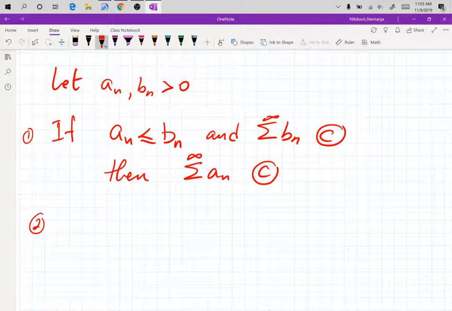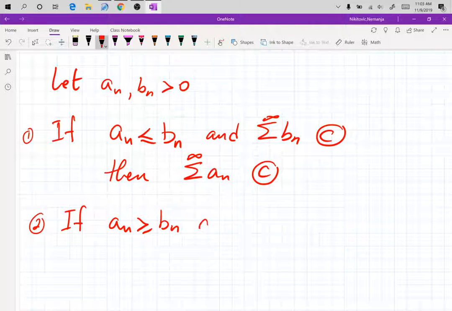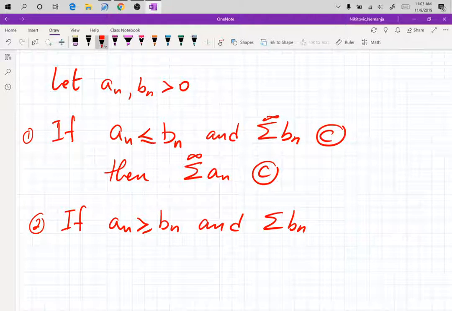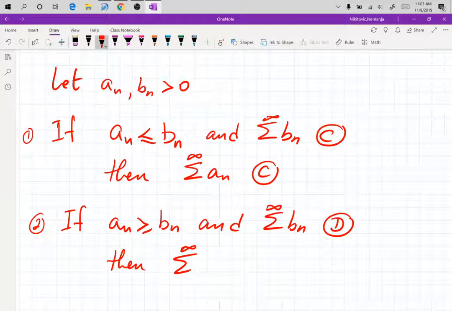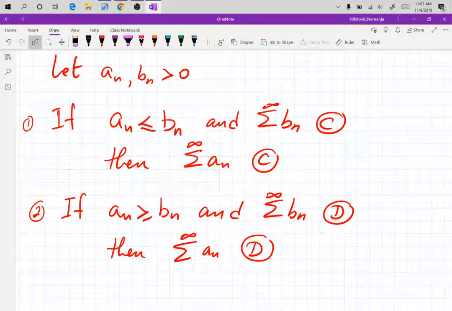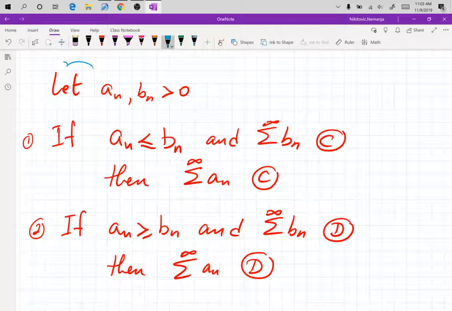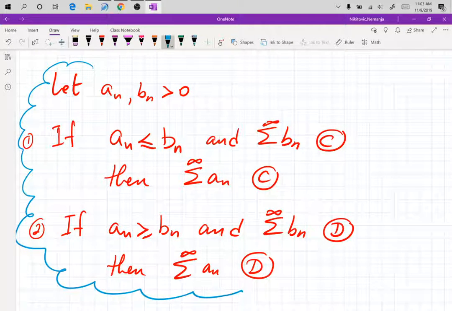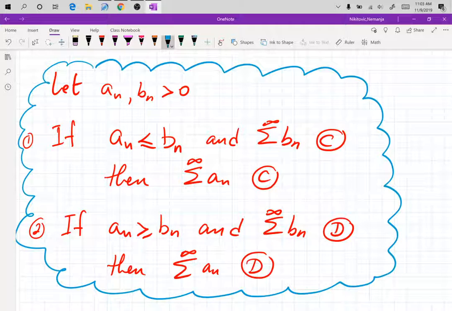And number two, if AN is larger than BN and summation of BN diverges, then summation of AN diverges as well. Ta-da! That's it. That's the life. So we'll put this on a cloud. This is your row number 9 on the chart I gave you.